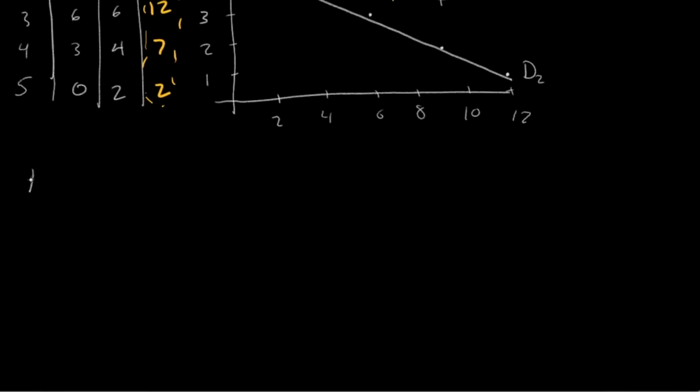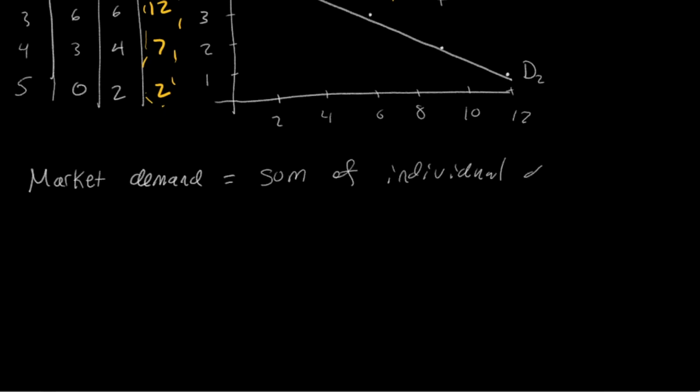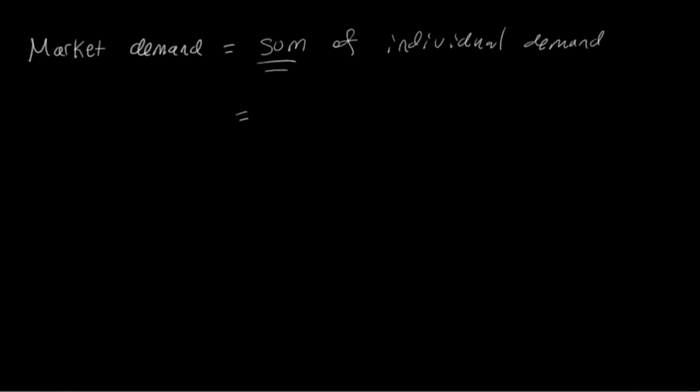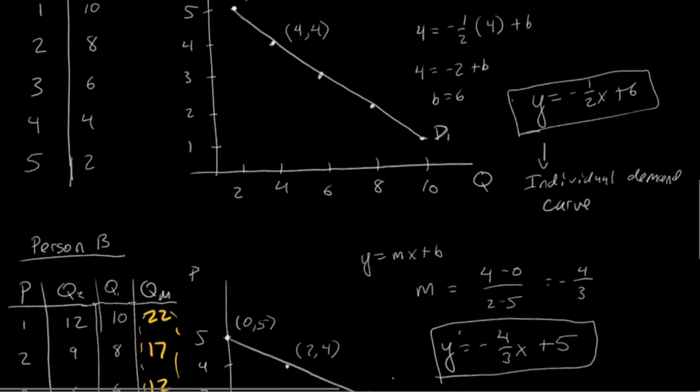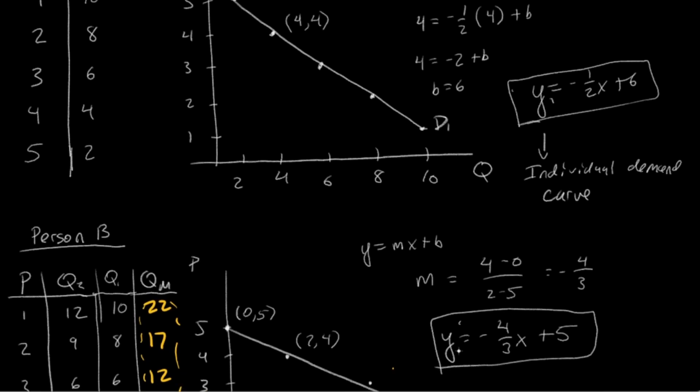Market demand equals the sum of individual demand. Here we'll call these y1 and y2.